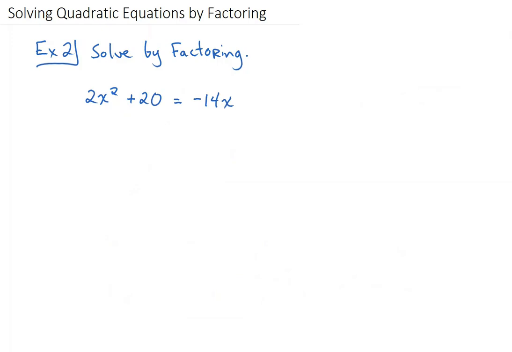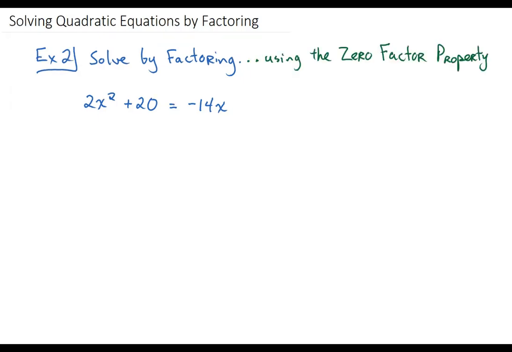Now one of the things we didn't have to do in our last example, we're going to need to do in this example. Remember that when we're solving these, we're using the zero factor property to get away with breaking it down the way we are. And so when you see directions that are solved by factoring, you can essentially add on the unspoken directions using the zero factor property.